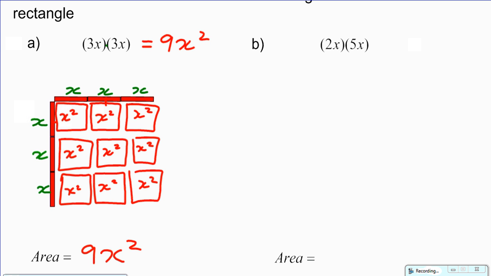Taking a look at the second one, in this one we have a length of 2x, so if we're thinking length times width or base times height, we have a length of 2x and a width of 5x.